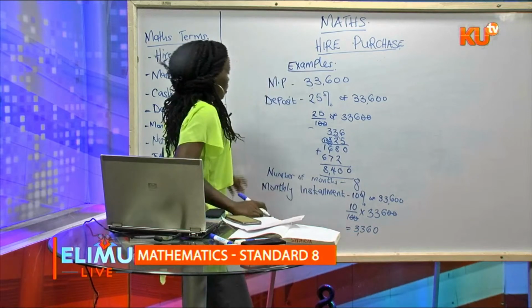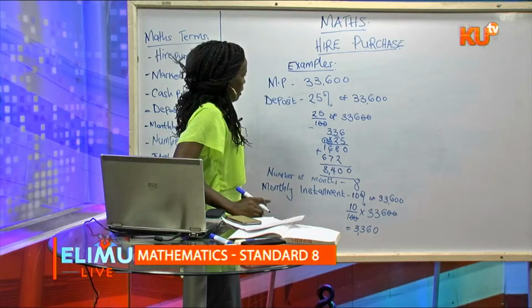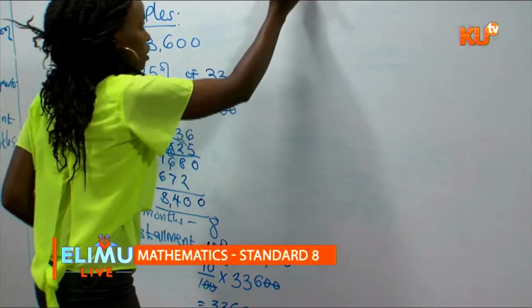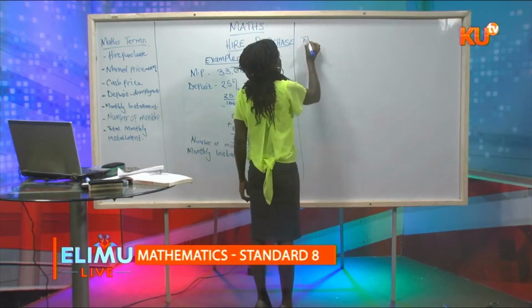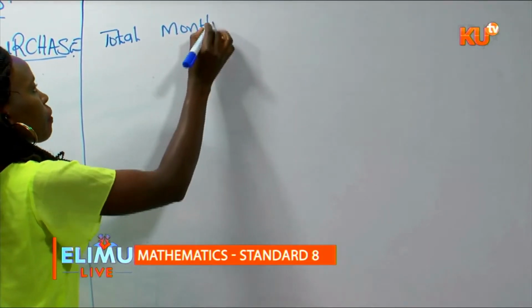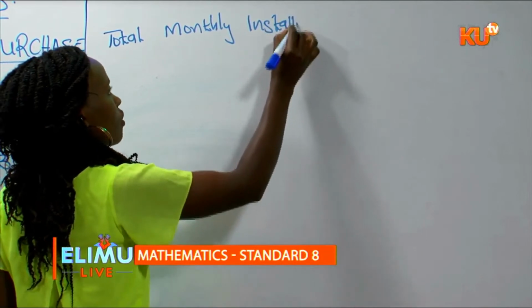Then from there, we have the number of months. We have the monthly installment. It means now you can calculate the total monthly installment.